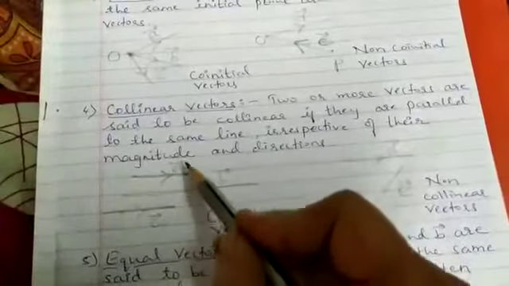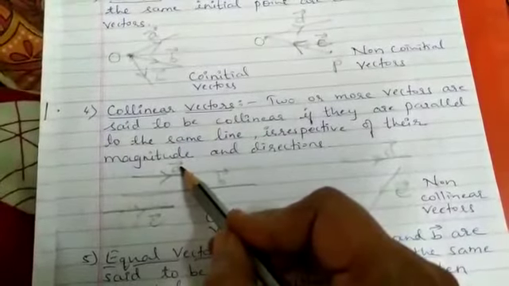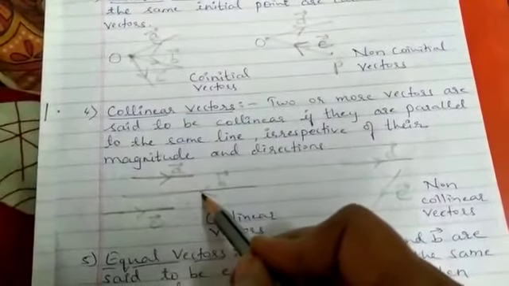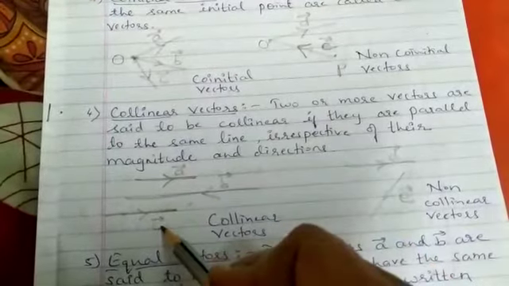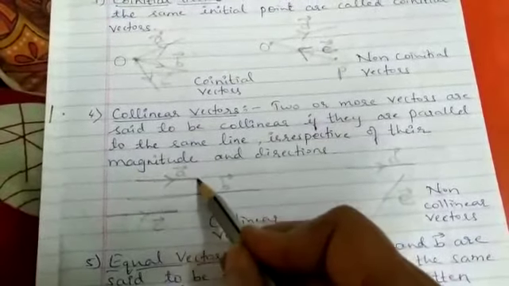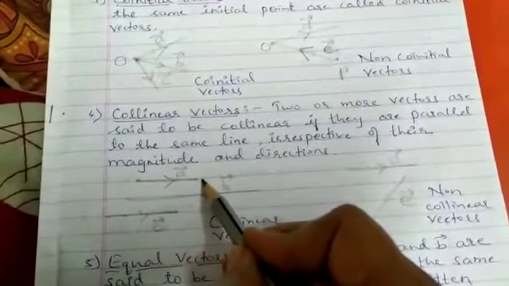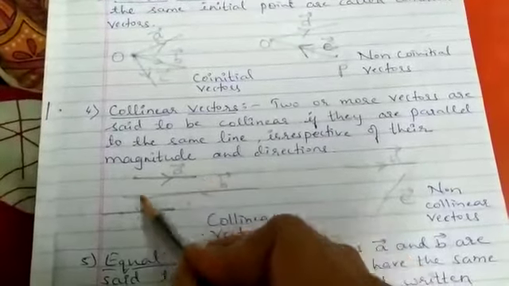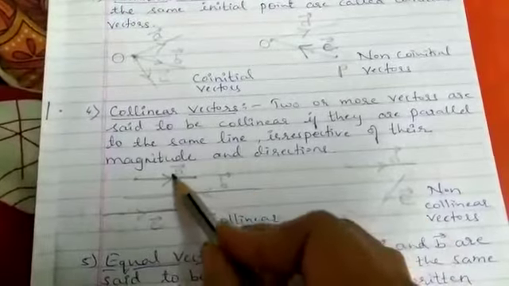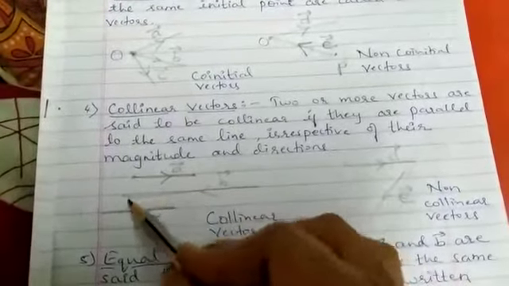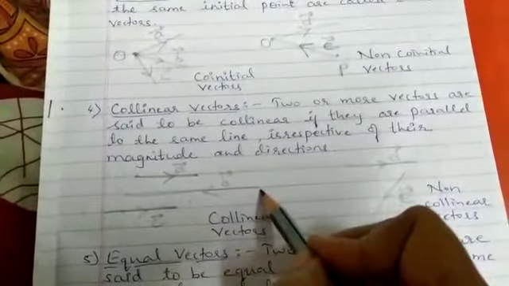I have given here vector A is parallel to vector B, which is further parallel to vector C. Lengthwise, say this is maybe 3 centimeters, which of course we are not measuring, I am just giving an example. This magnitude is more than 3 centimeters, maybe double, 6 units.